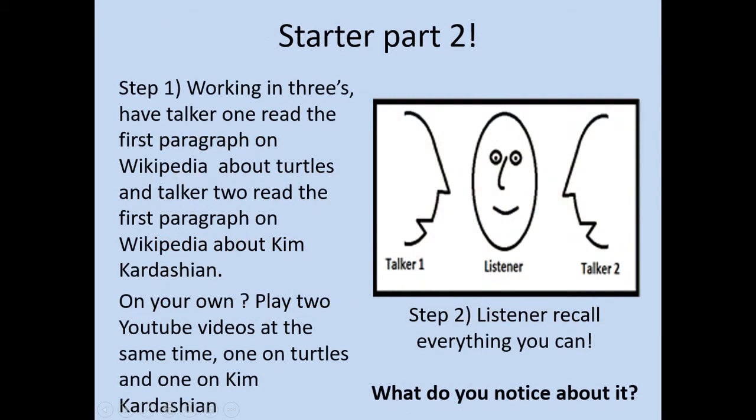What I'd like to do is I'd like you to get up either 2 YouTube videos, or you can get 2 different Wikipedia pages up. And what we want to do is we want to have basically one person sat either side of us, and they read the information from one Wikipedia page, let's say about turtles, and the second one, let's say about Kim Kardashian.